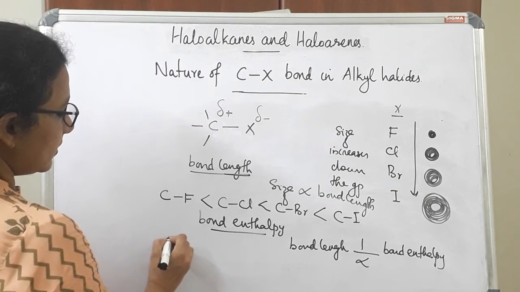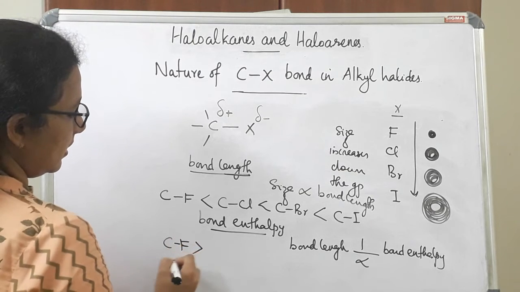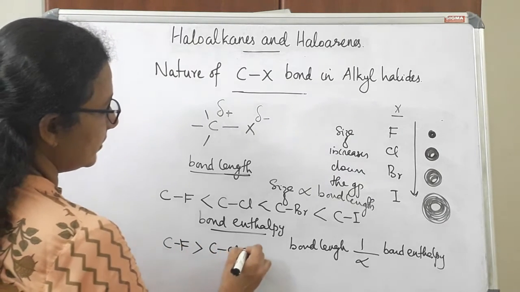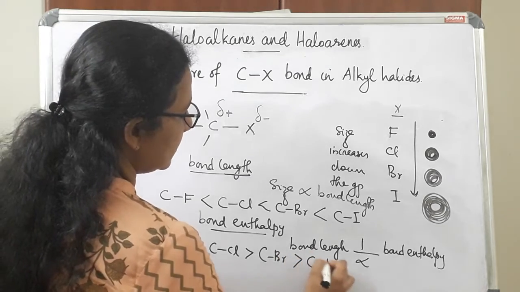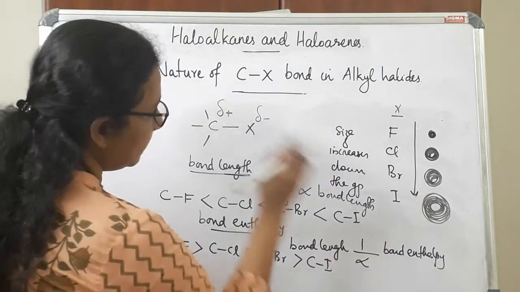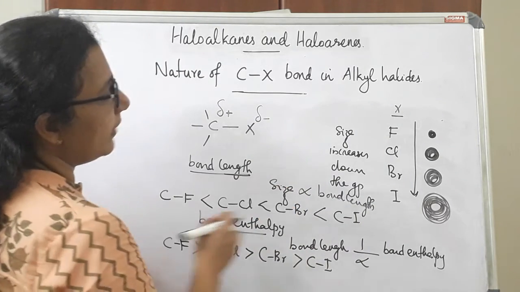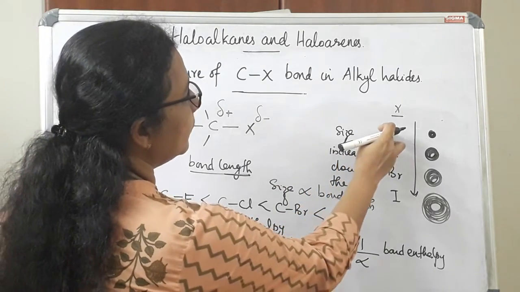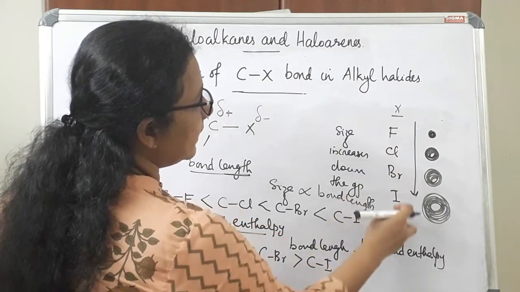So we can write the order of bond enthalpy: C-F is greater than C-Cl, which is greater than C-Br, which is greater than C-I. So bond length and bond enthalpy can be worked out by knowing the size of the atom. In the halogens, fluorine, chlorine, bromine, iodine, the size increases while coming down the group.